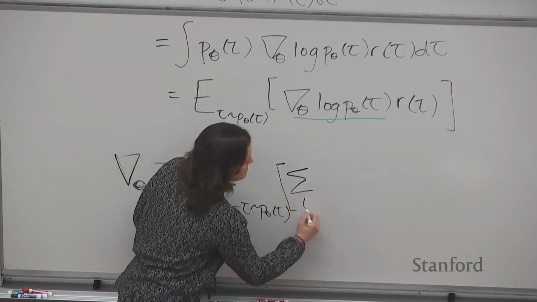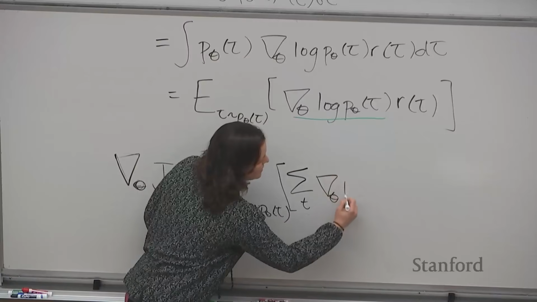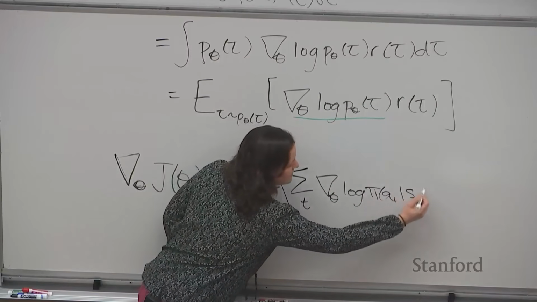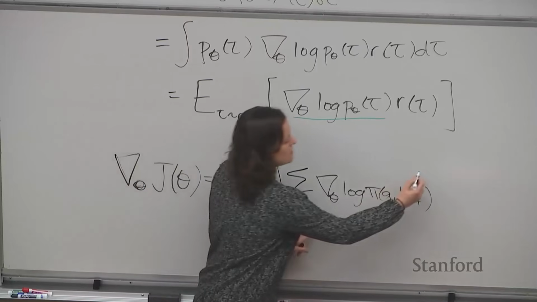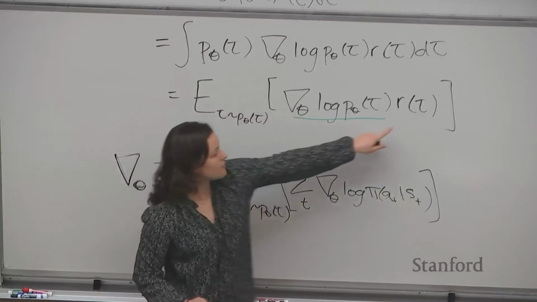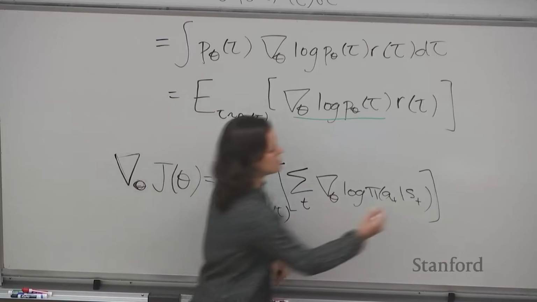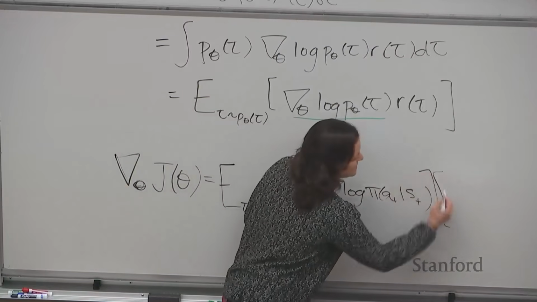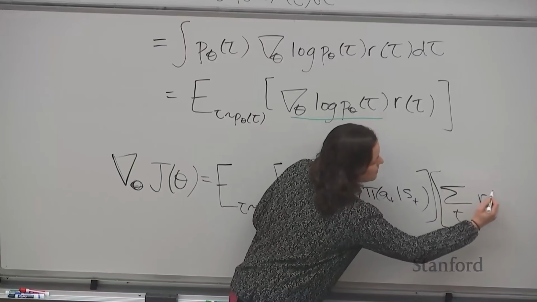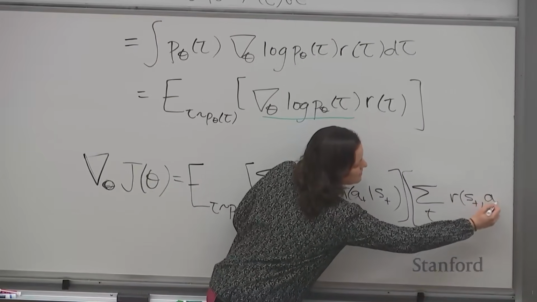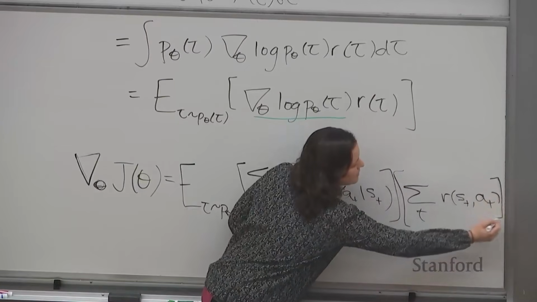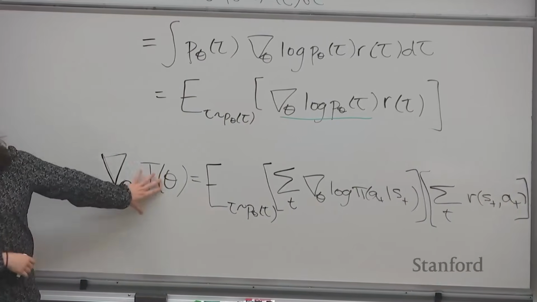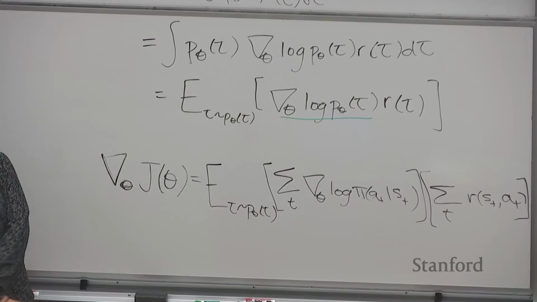So we'll have a sum over time steps of grad log pi of at given st, and then we still have our reward, which we can write as r of tau, or as a summation of r of st comma at. This is what's called the policy gradient, or the vanilla policy gradient.